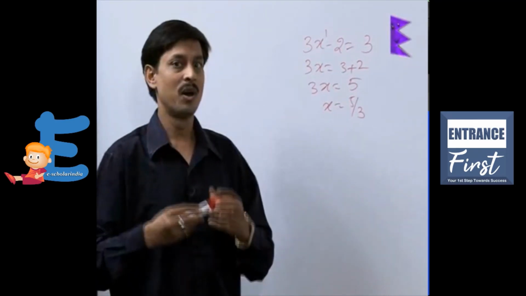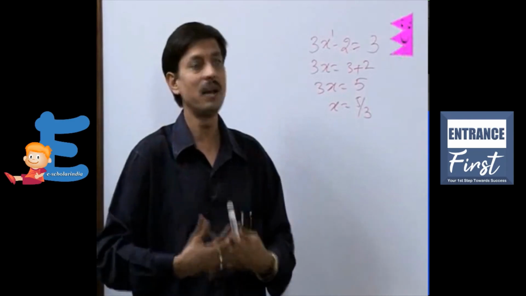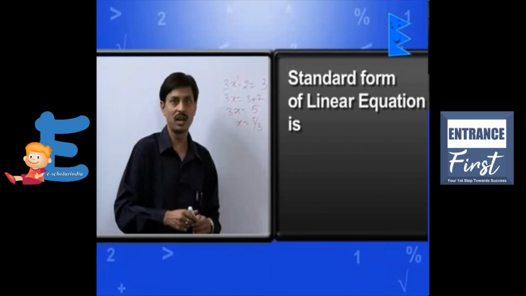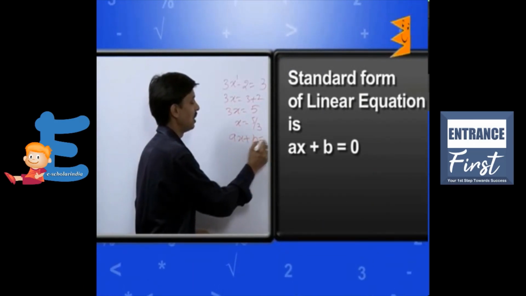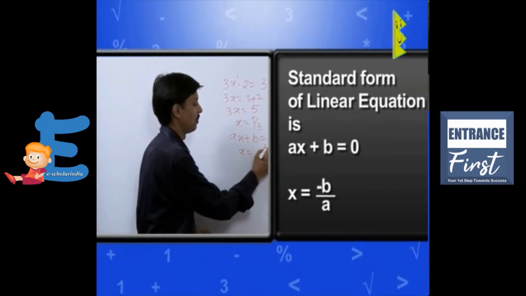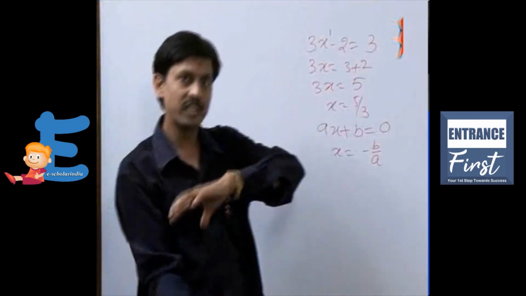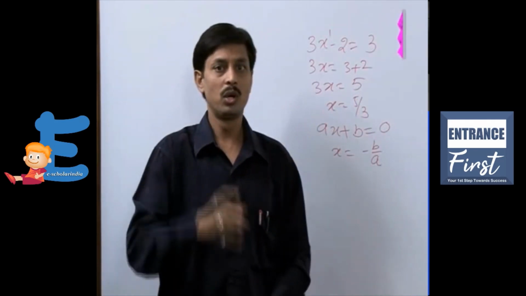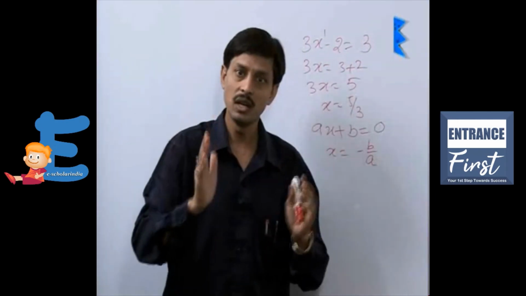Now for every linear, quadratic or cubic equation there are certain standard forms. The standard form of the linear equation is ax plus b equals 0, so the value of x is given by minus b upon a. If there is only a single value to satisfy an equation, it is known as a linear equation.